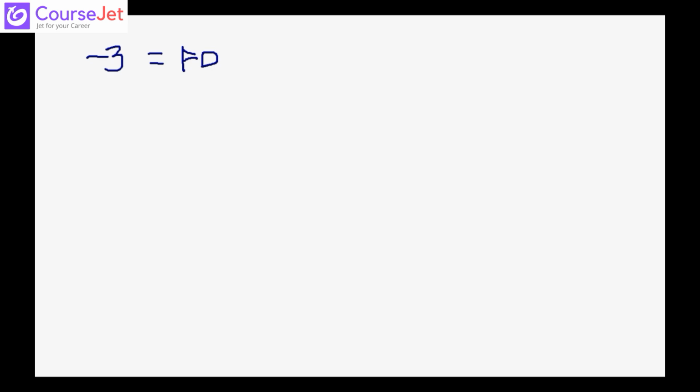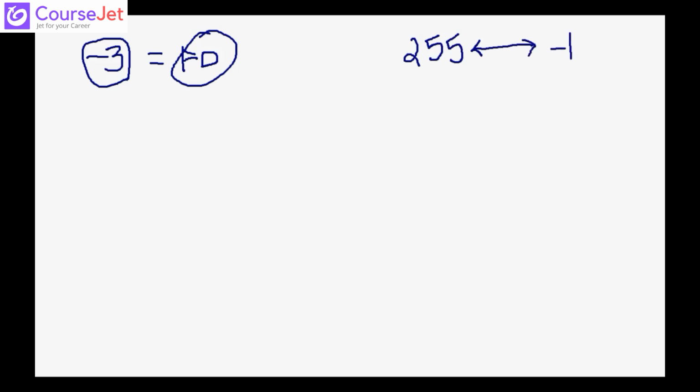So either you can load -3, which is equal to FD. When you write 255, 255 is FF, right? When you take the 1's complement of 255, it is equivalent to -1.